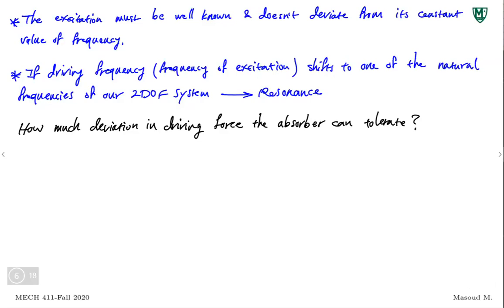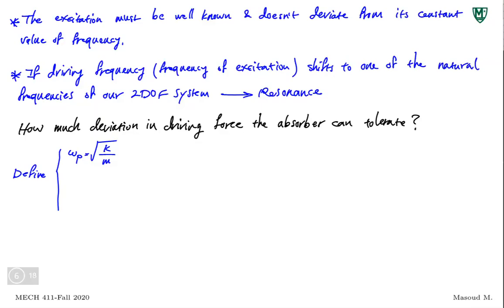Now I'm going to define, well, you've seen these already, they are not new concepts, but I'm just going to put them here. I'm going to define 3 parameters. Omega p is the square root of k over m. What is that?